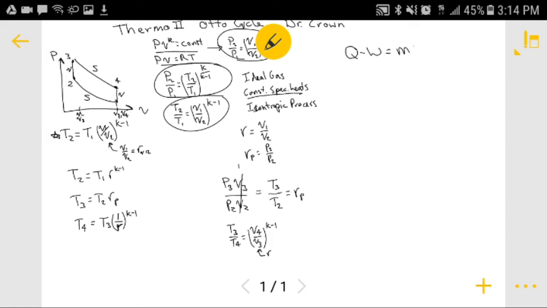And then delta U I can write as m delta u for constant specific heats, so m c_v times T final minus T initial, depending on what states. I'm assuming by writing that delta U equals Q minus W that the change in kinetic and change in potential energy is 0. Just so I have that in my notes.